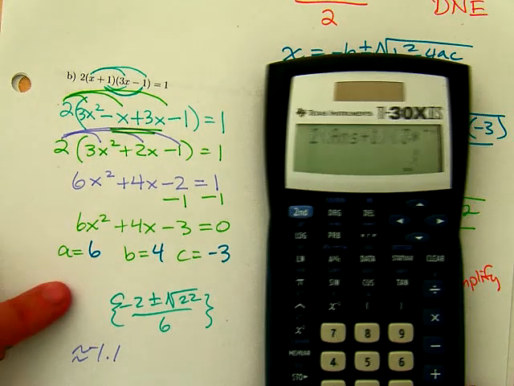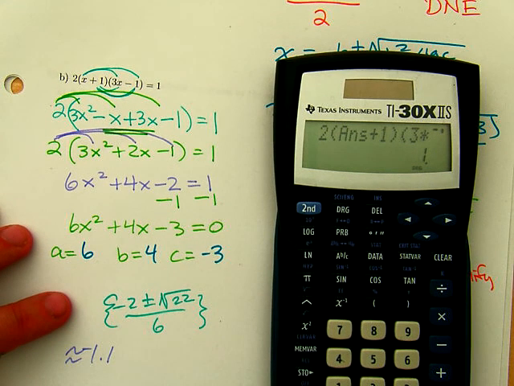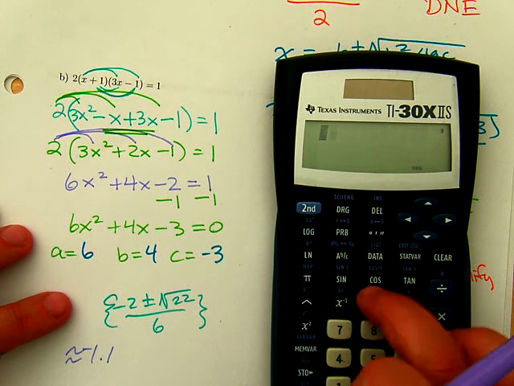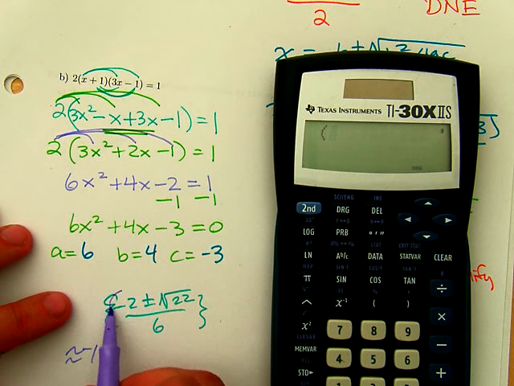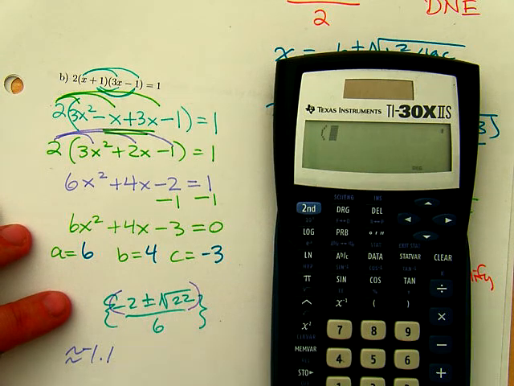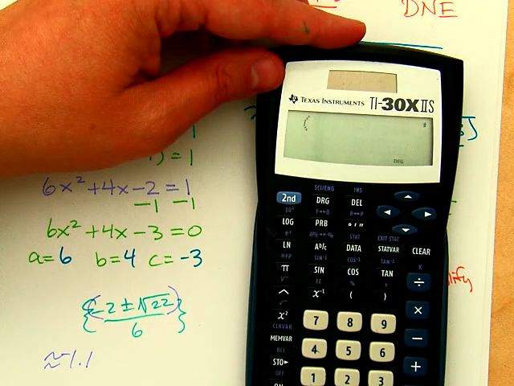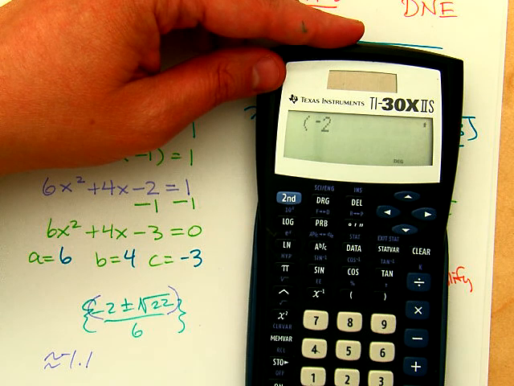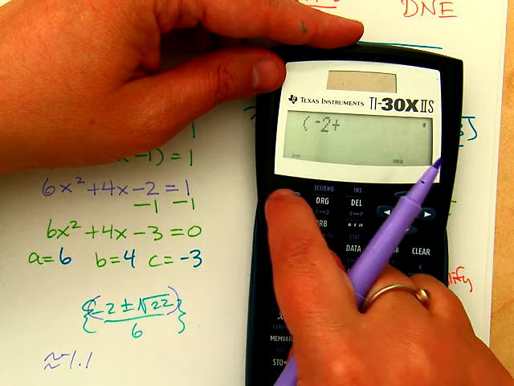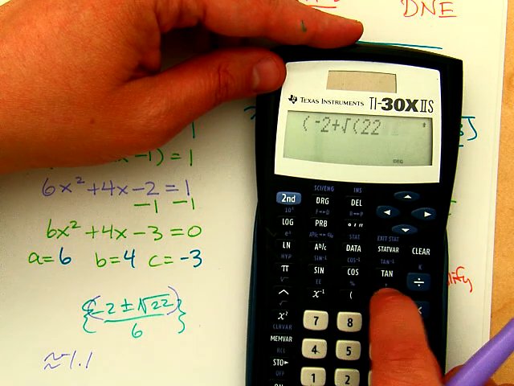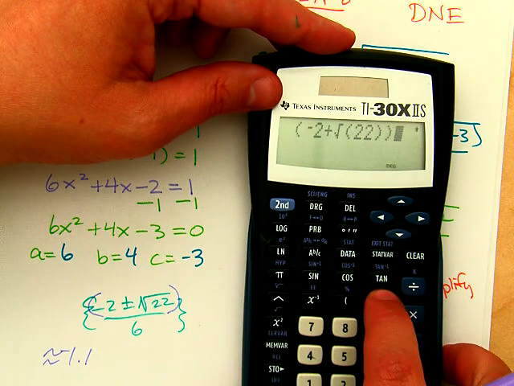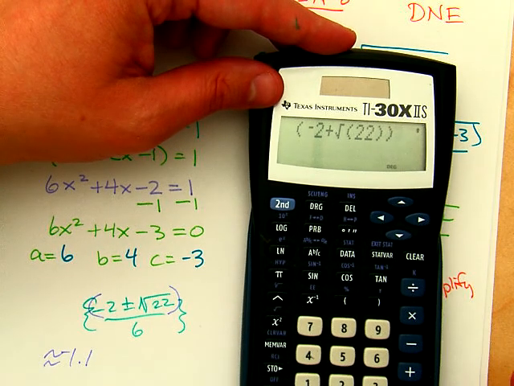Okay, another way I could put it in for the positive one, I could do parentheses. If you want to do it all in one step, you have to use parentheses around the whole thing. So this goes like this. Parentheses negative 2 plus the square root of 22, close that parentheses, close the numerator parentheses.